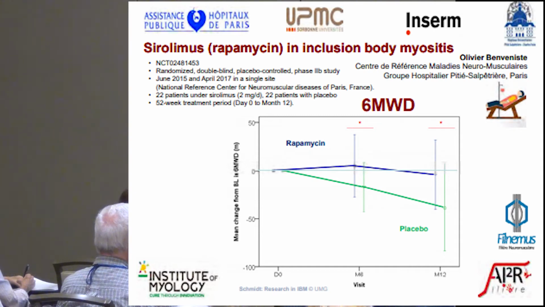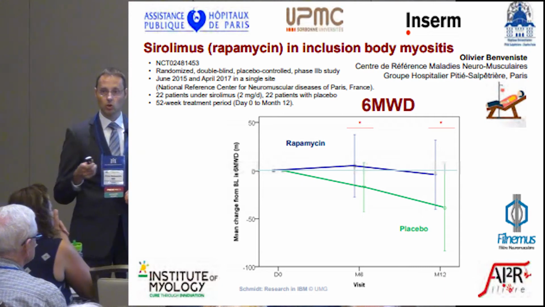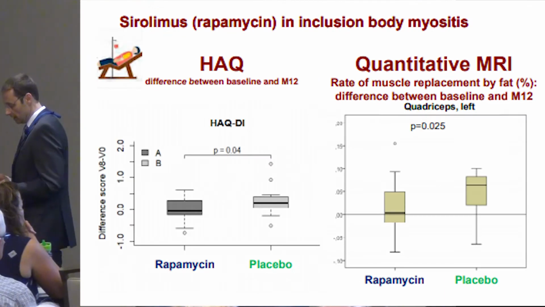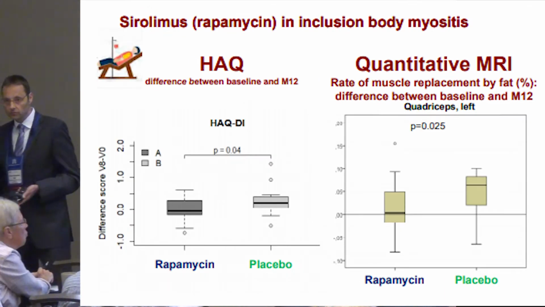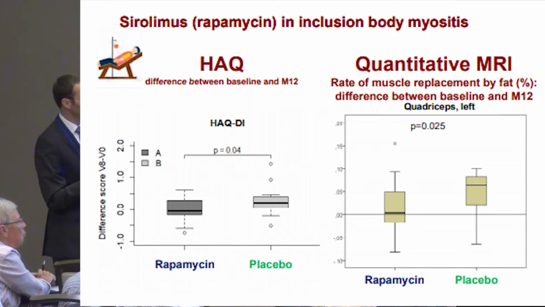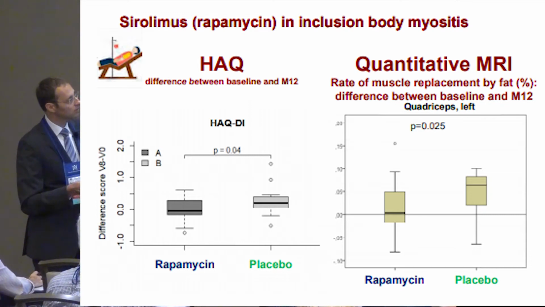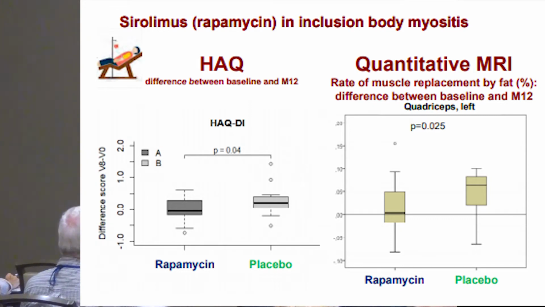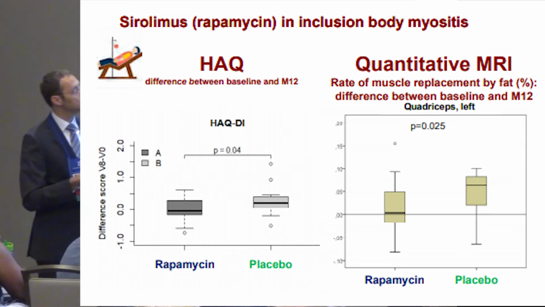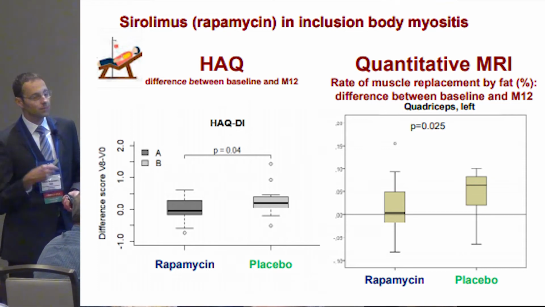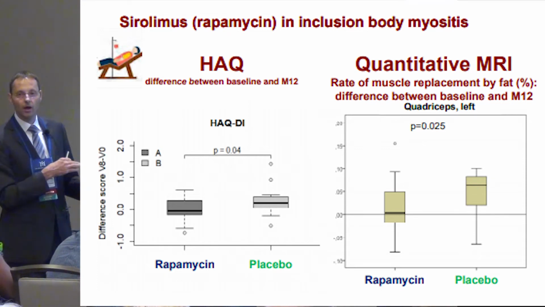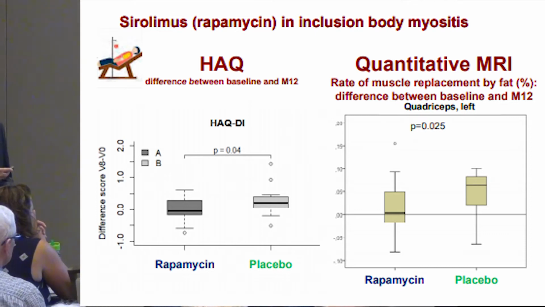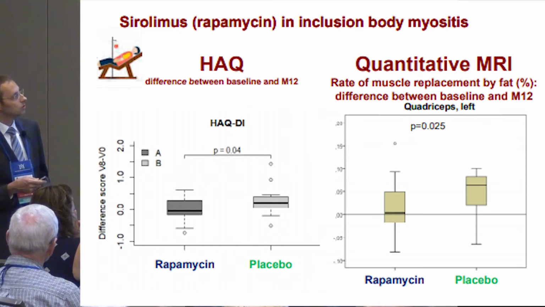So this looks promising. Then the functional score, a HAQ score, which is like a questionnaire, a patient-reported outcome measure, was also improved in the rapamycin group compared to the placebo. And the MRI muscle replacement score, how much muscle was damaged, was also improved.